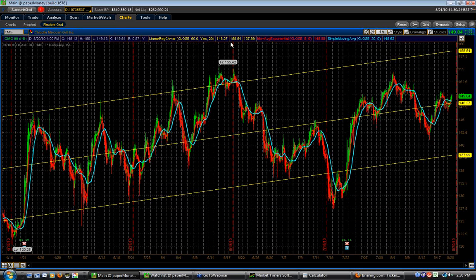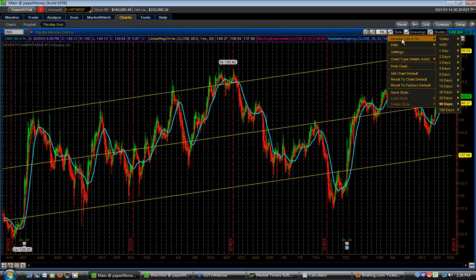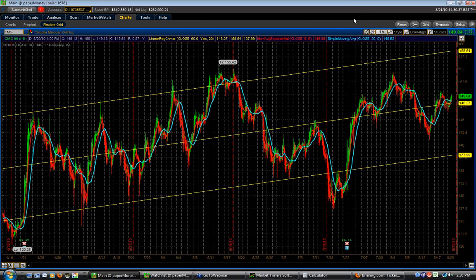CMG. I have this set at 90-day hourly chart with linear regression set on. And I'm going to take it from its recent low. Now this is Fibonacci retracement.